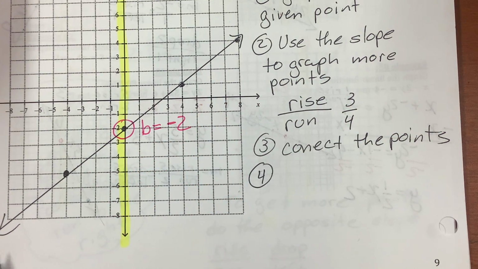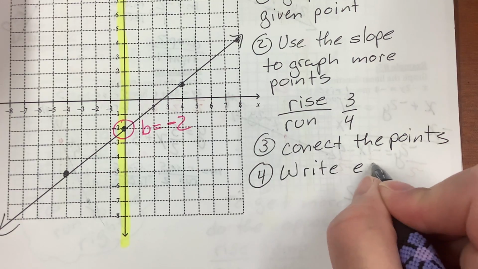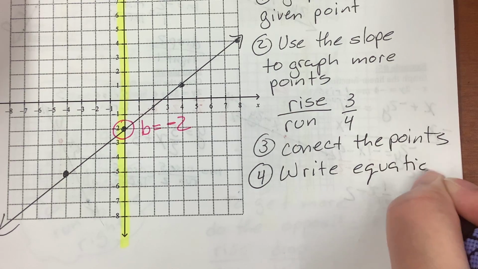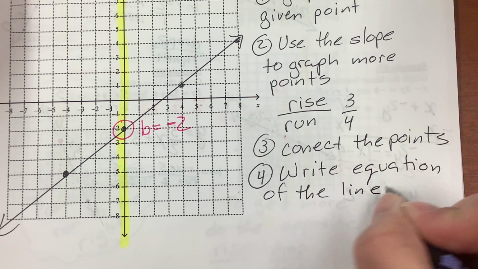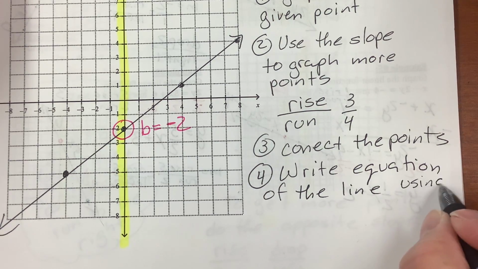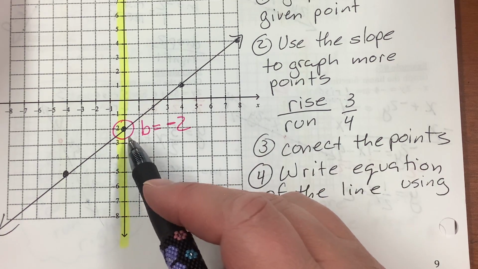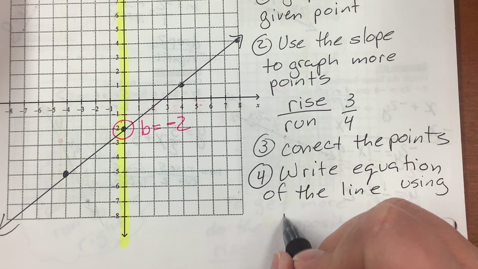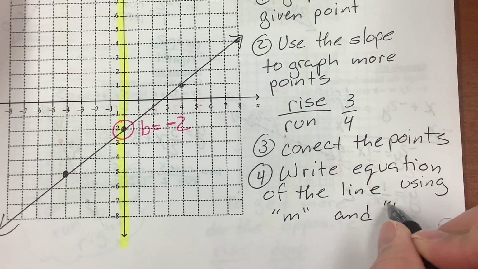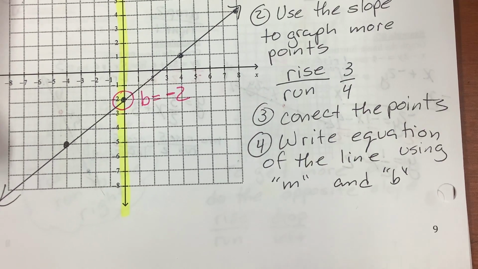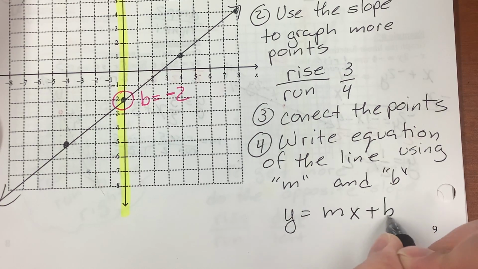So now, write the equation of the line using the slope that was given and the point b that you found. Using m and b. So the equation of a line is y equals mx plus b.